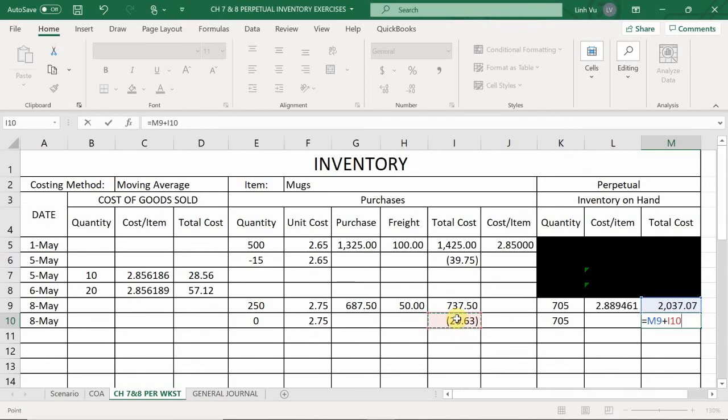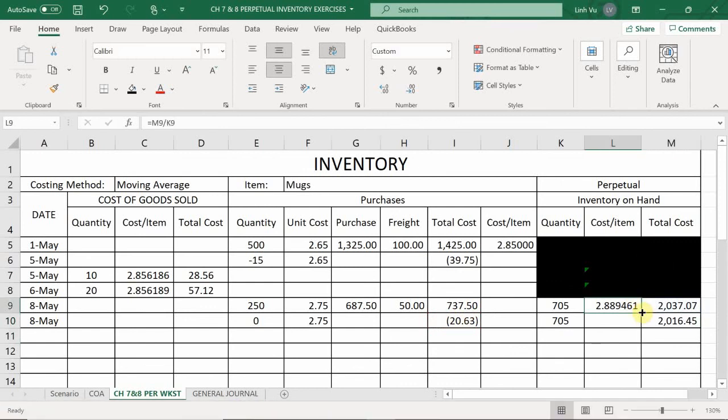Divide by 705. Jeez, something is wrong here. 2016.45 divided by 705. Okay, good.